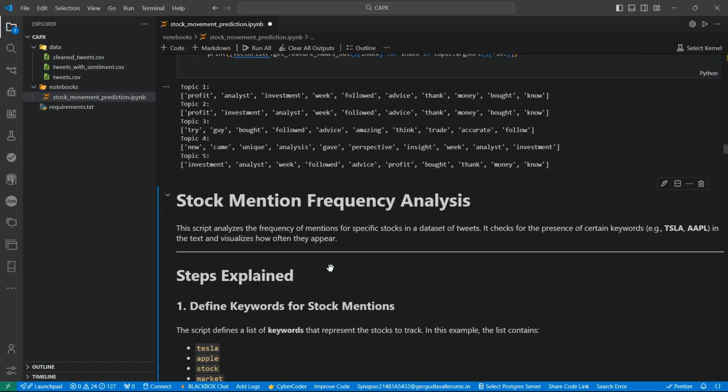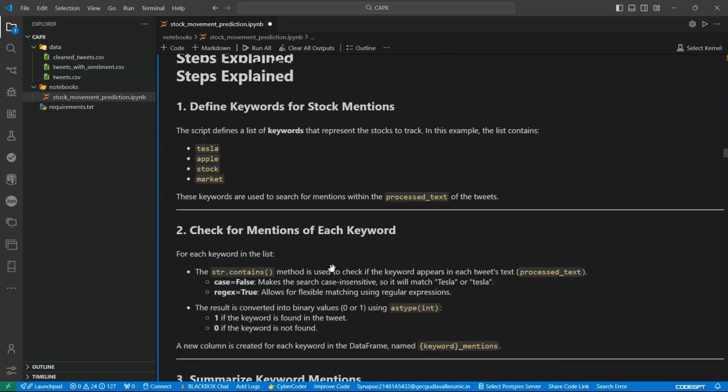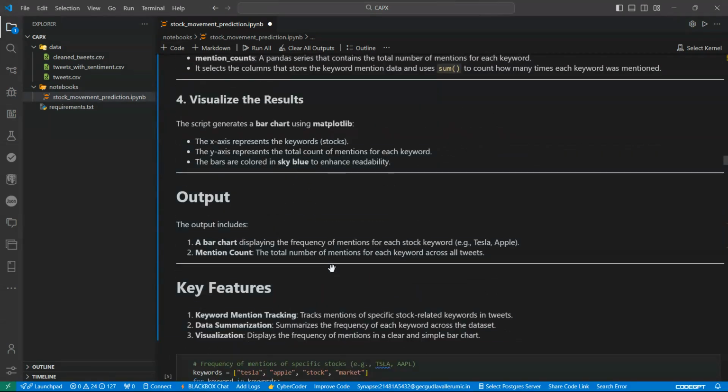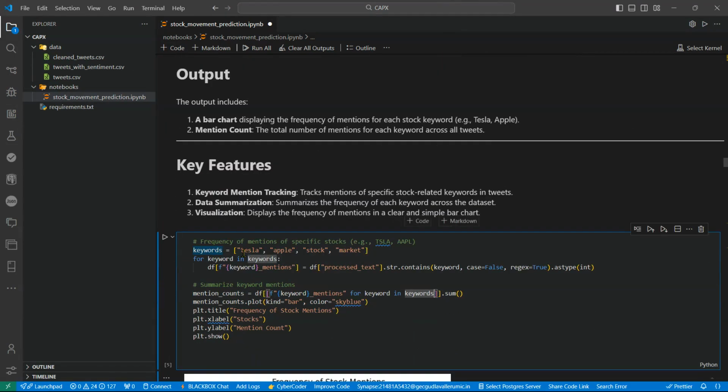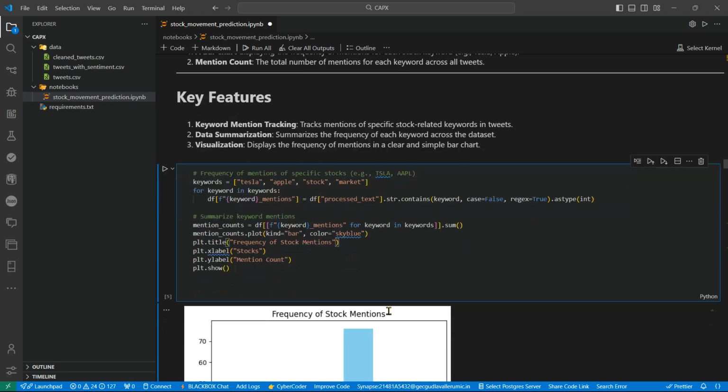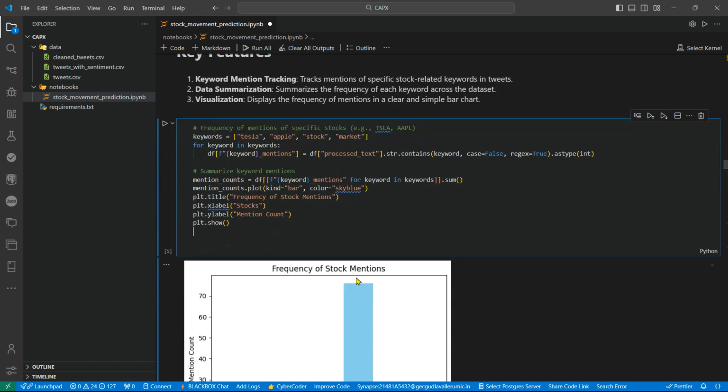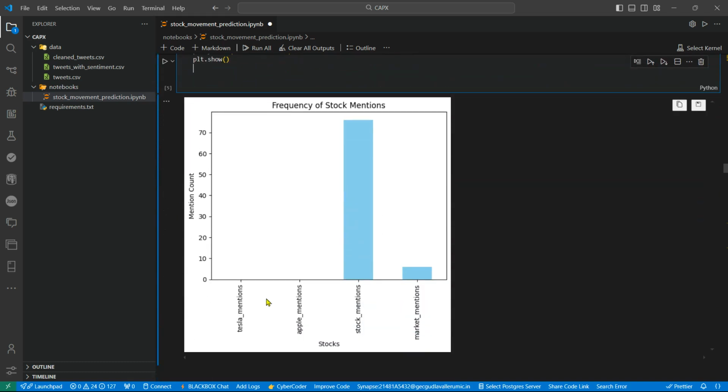Then we are doing the stock market prediction analysis. There are different types of stocks. For that, we are using Tesla, Apple, stock, and market. These are the specific keywords we are using. When we extracted the data, the Tesla mentions were 0 and Apple mentions were also 0.